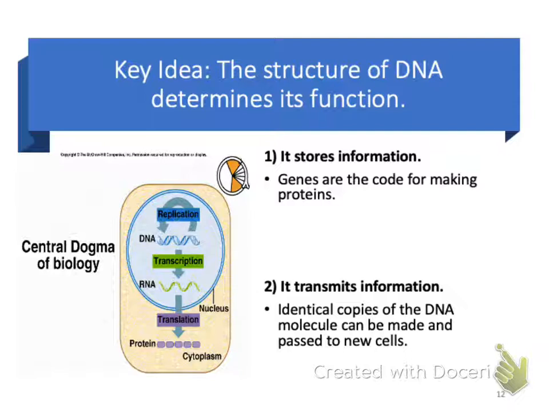What that means is DNA can make copies of itself, and those identical copies can be passed on to new cells. Now, this is really important for the growth and reproduction of organisms. So let's examine the structure of DNA more closely to determine how its structure allows it to do those two jobs, make proteins and copy itself.